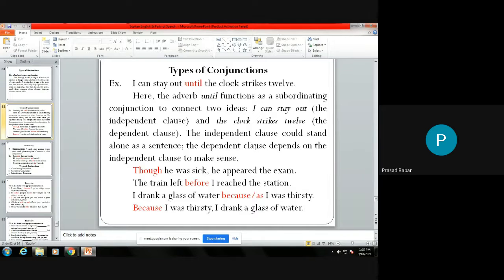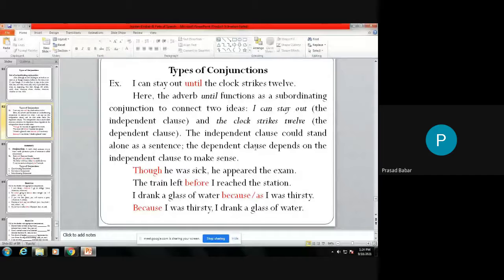Okay, that is why these are called dependent and independent clause, or main clause and subordinate clause. So here he was sick is the main clause, and he appeared for the exam is the subordinate clause, which is dependent on the first clause.